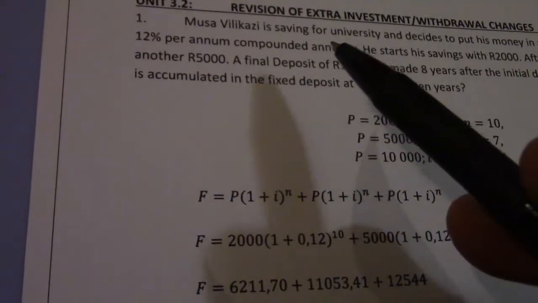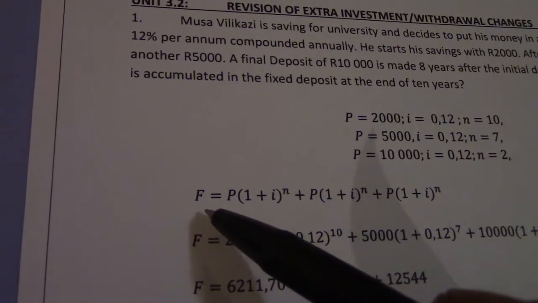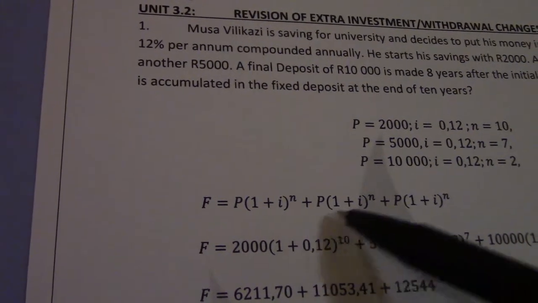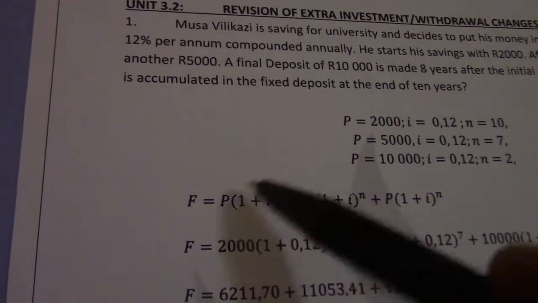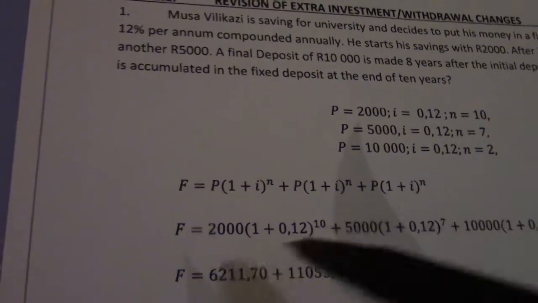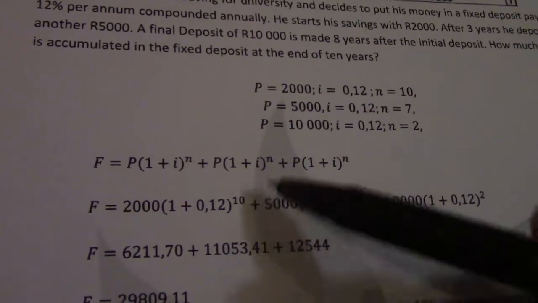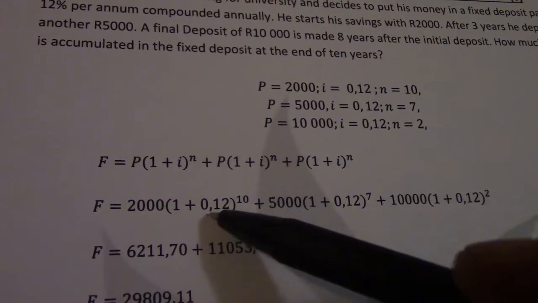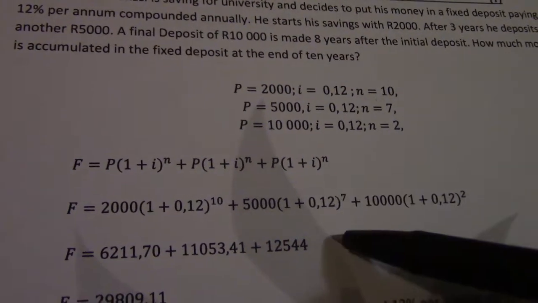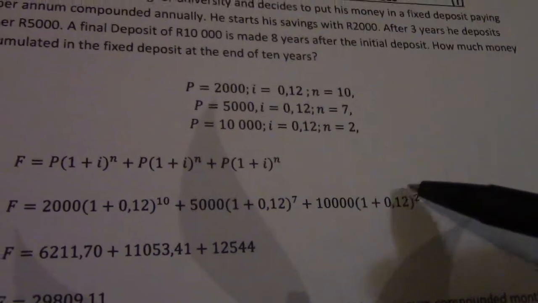Now when we deal with extra deposits and withdrawals, as you can see, he invested P1 plus i to the power n. That is the formula we use when we have extra deposits or withdrawals. So invested 2,000 Rand for 10 years, interest rate 0.12. Then he made an investment of 5,000 for 7 years. Then he made an investment of 10,000 for 2 years.